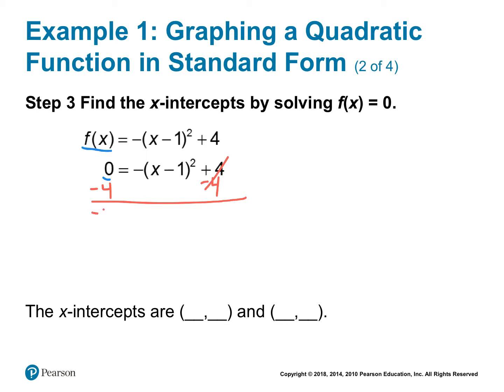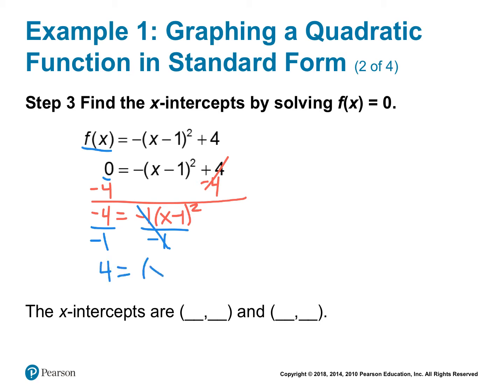That gives us negative 4 equals negative x minus 1 squared. And I'm going to make this a negative 1 just to make it a little easier when we go to the division step. So I'm going to divide by negative 1 to get rid of these. So negative 4 divided by negative 1 is positive 4.